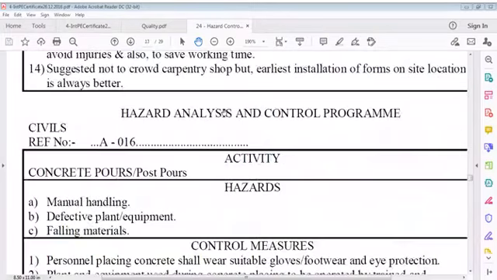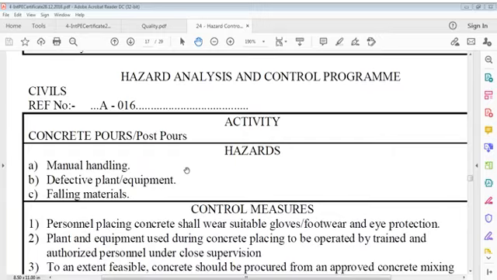Yes, it is concrete works. Hazard analysis and control program. It is concrete pours, which I talked about yesterday.